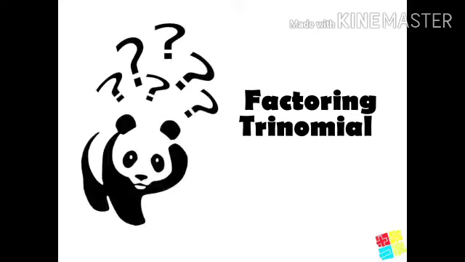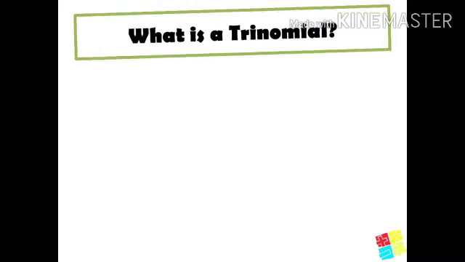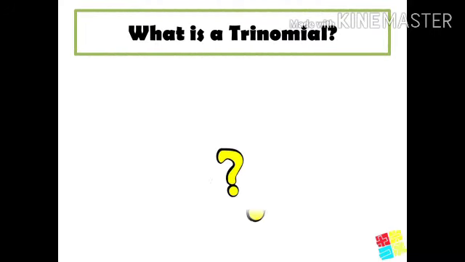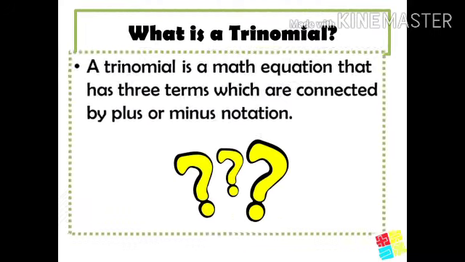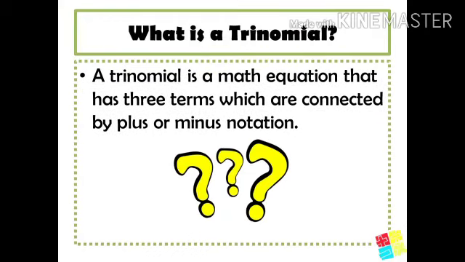Now, we are done with factoring binomials. Next is factoring trinomials. What is a trinomial? A trinomial is a math expression that has three terms which are connected by plus or minus notation.